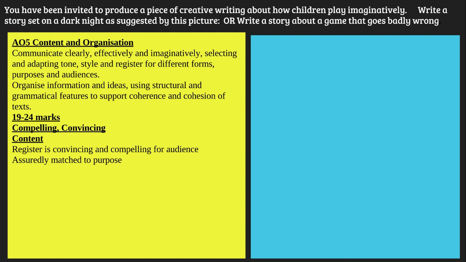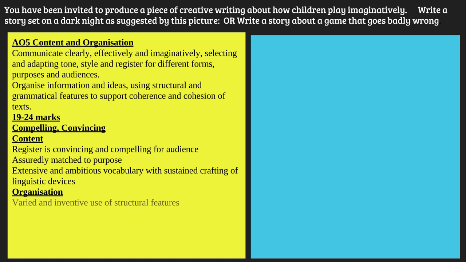Our purpose is about how children play imaginatively, so we'd have that matching. We've got an ambitious and extensive vocabulary with sustained crafting of linguistic devices. So that's metaphors, extended metaphors, similes, personification, and we're not just throwing any lazy one that we know in there. We've thought about it, we've crafted it, we've really put the effort into writing those devices, and our vocabulary is extremely wide and varied.